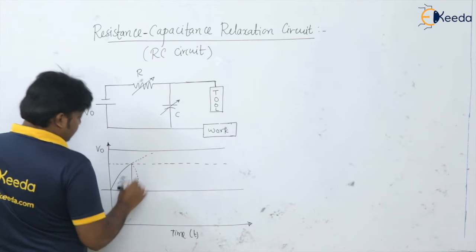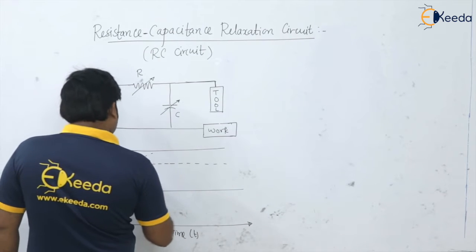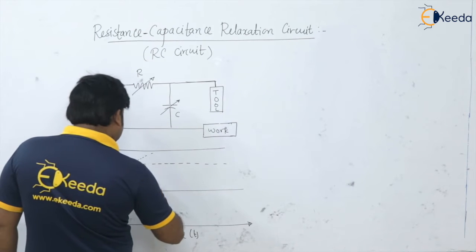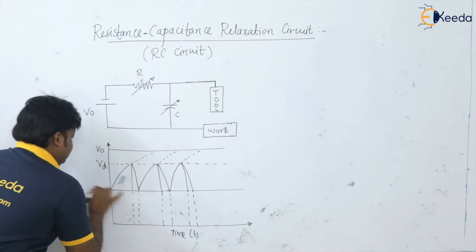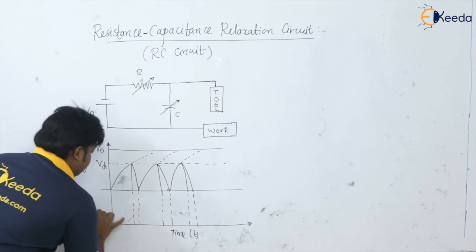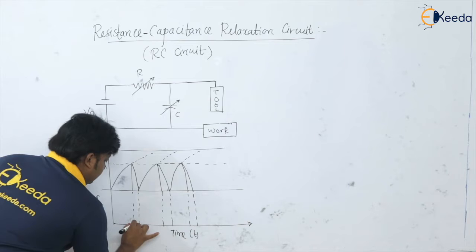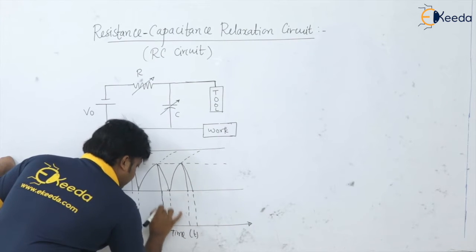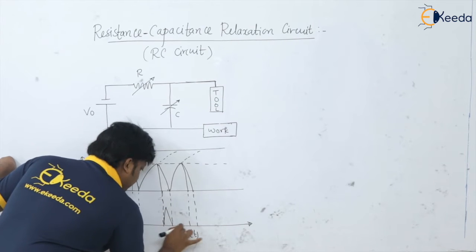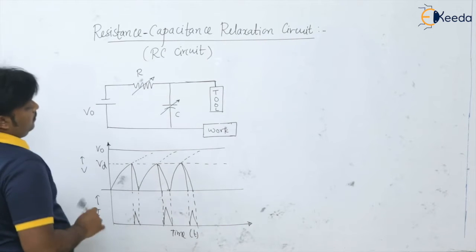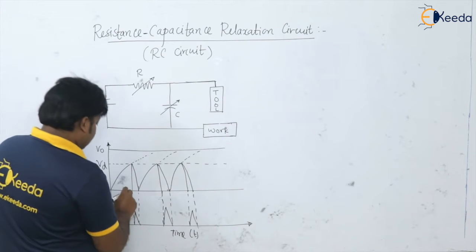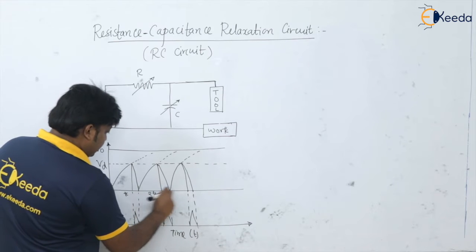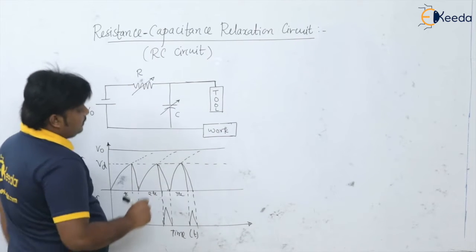This is the charging time, and this is the discharge time, that is the sparking time. This is voltage, and this is the sparking current. This is TC, 2TC, 3TC. TC is the charging time.